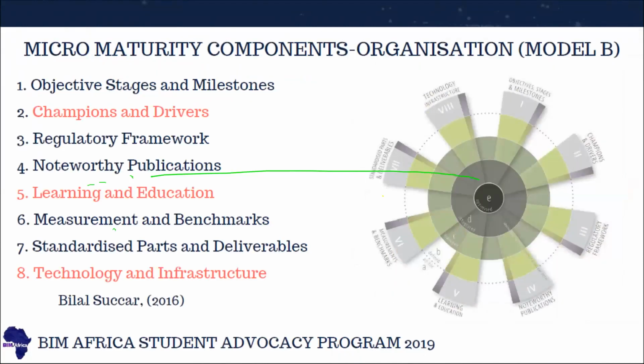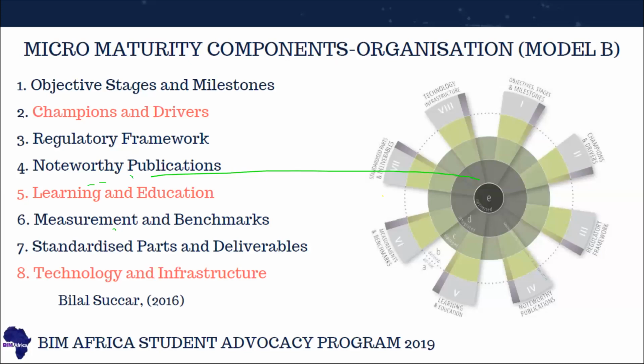Okay, model B. Model B is actually called the maturity components. It has 8 categories, which include objectives, stages and milestones. The objectives tell what you're trying to do, and the milestones are the things that you have defined that you need to achieve.